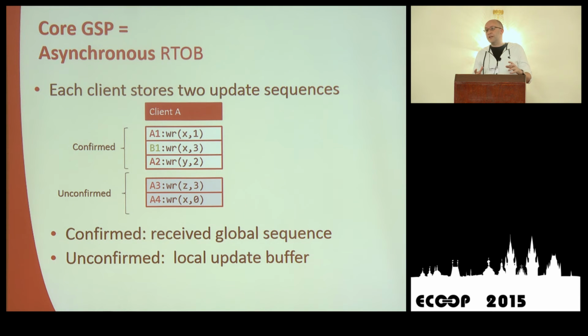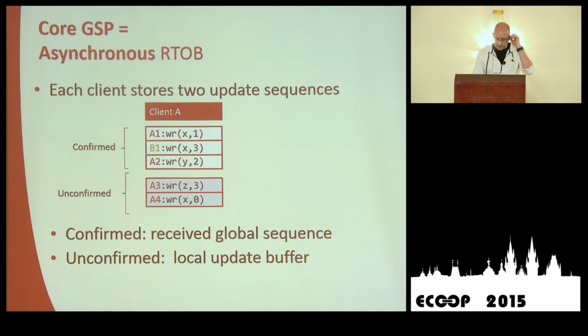Of course, you can optimize it by keeping a certain state that represents that. And then there's the unconfirmed log of operations, and that's basically your store buffer, your update buffer that you're still going to process. That can also be represented more efficiently in an implementation, but in the abstract model, again, it's just a log of all the operations being performed on a data type.